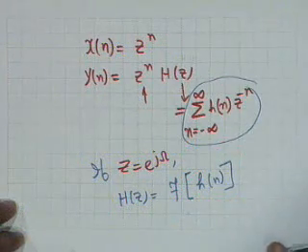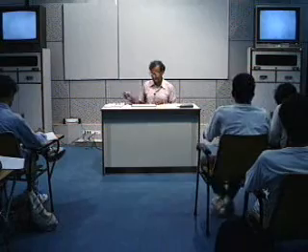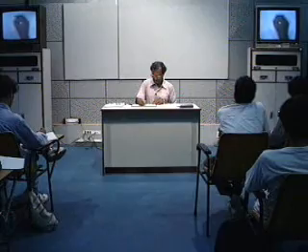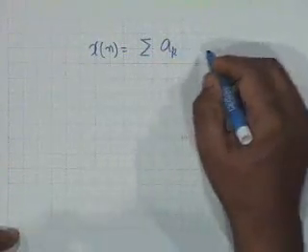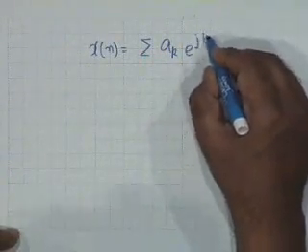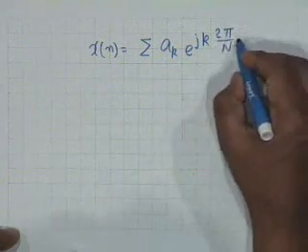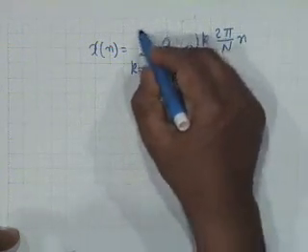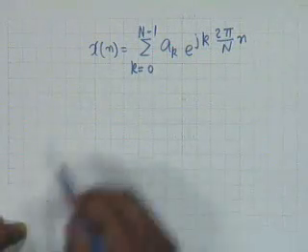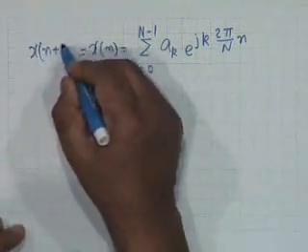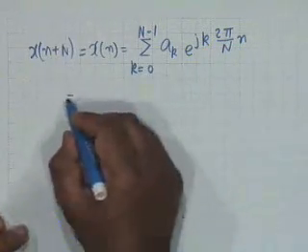Now, we are going to discuss a somewhat involved case, an example of a Fourier transform, that is the periodic signal. And notice this carefully. Suppose we have an x of n which is periodic. That means it runs like this: a k e to the power j k 2 pi by N times n, k goes from 0 to N minus 1. x of n is periodic with a period of capital N. Let me write this fully.